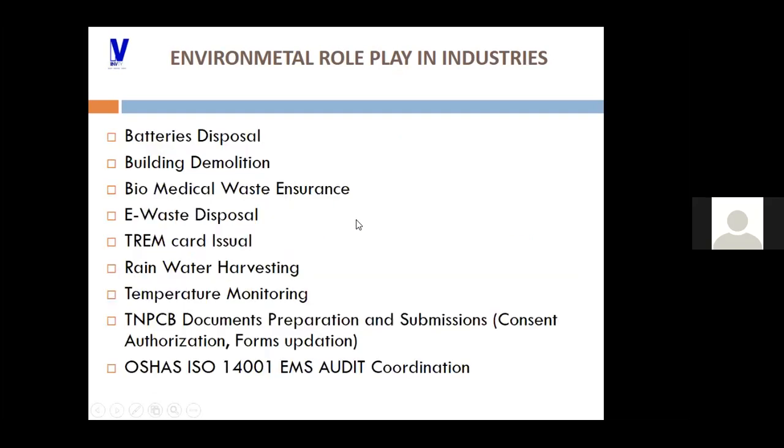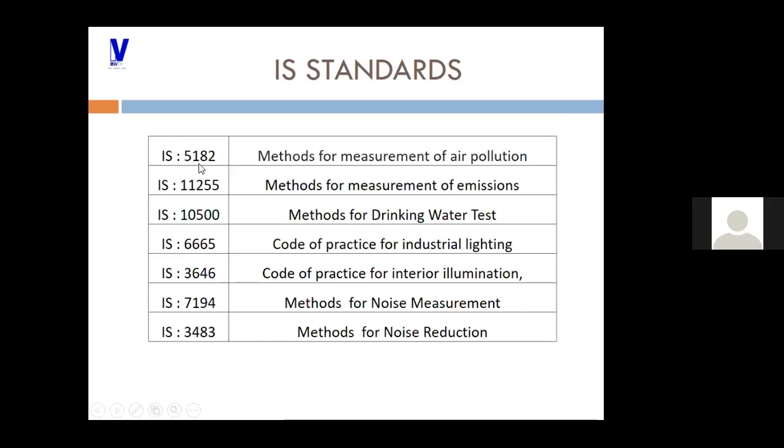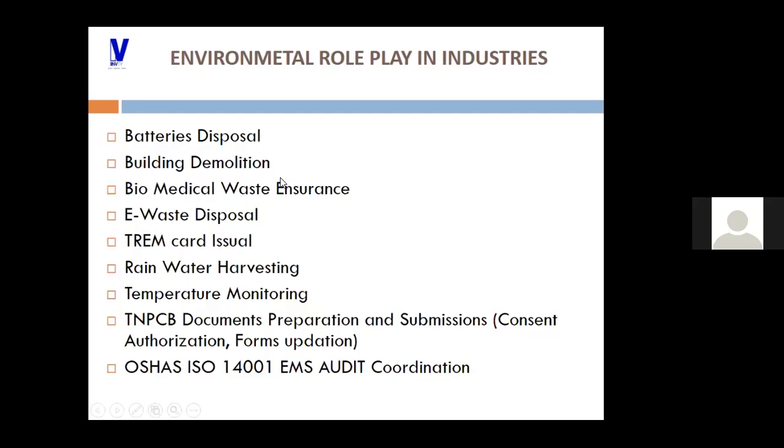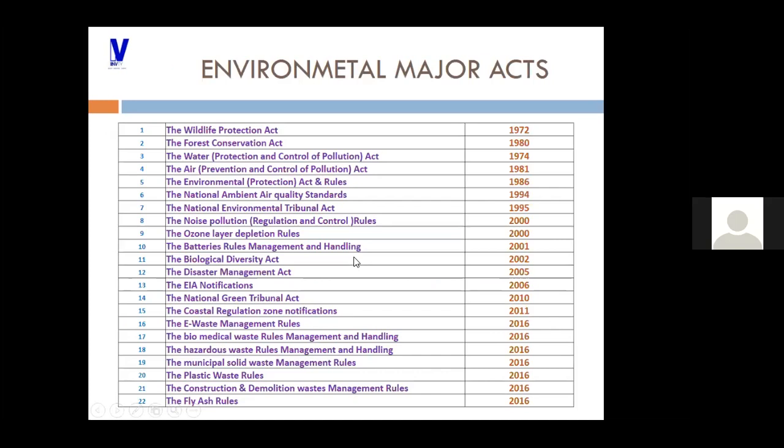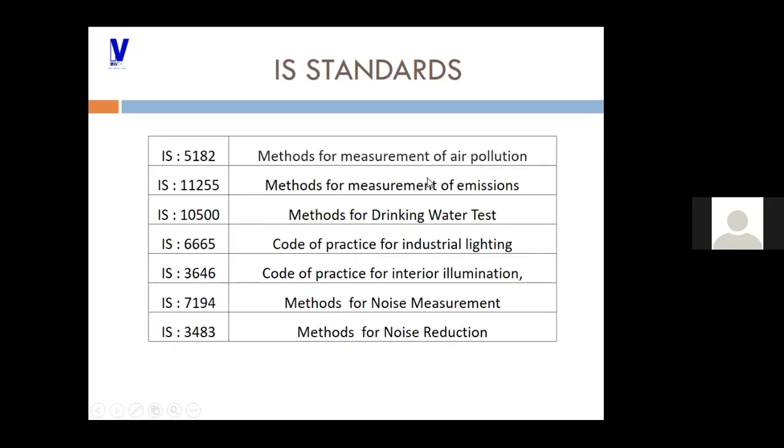Based on that, we have to take reference from our IS standards. For example, if I am going to do DG noise monitoring or ventilation tests, I can take reference from IS 11255 for emissions.